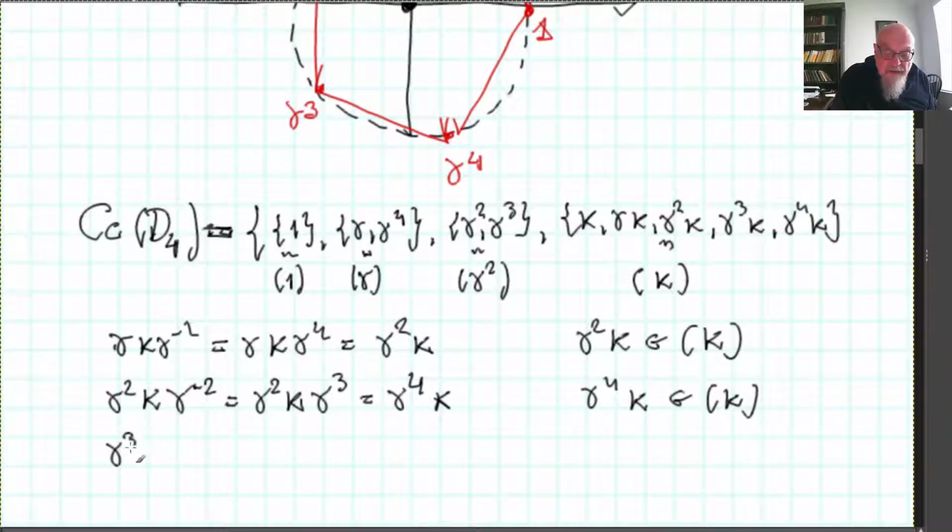And now take gamma cube kappa with gamma minus 3. Let me do it correctly.